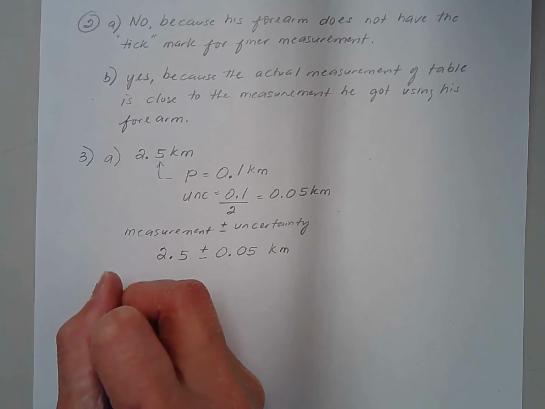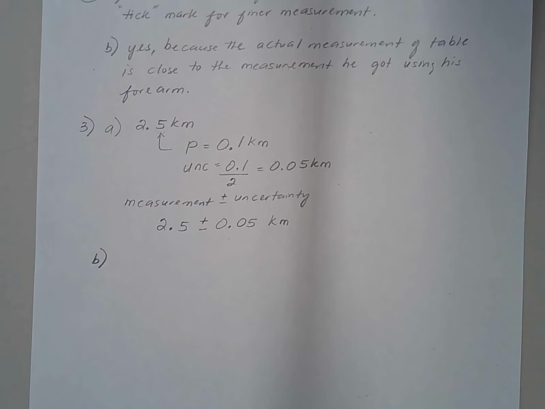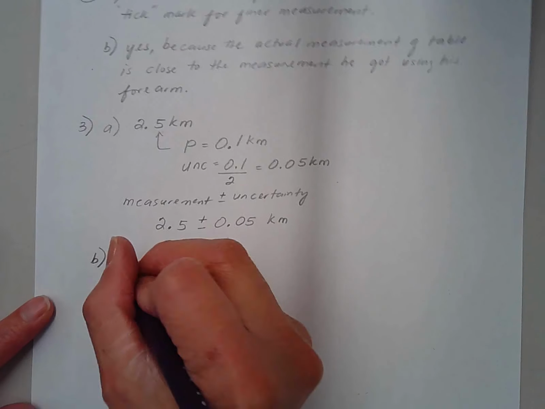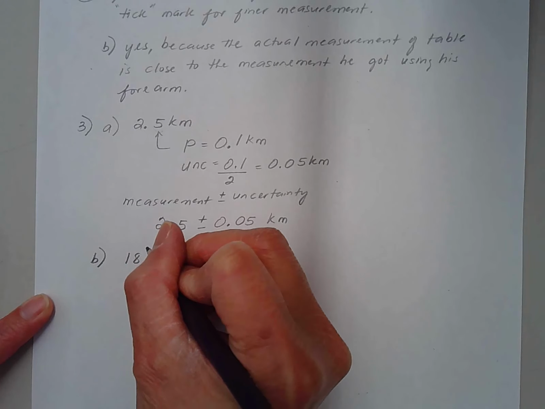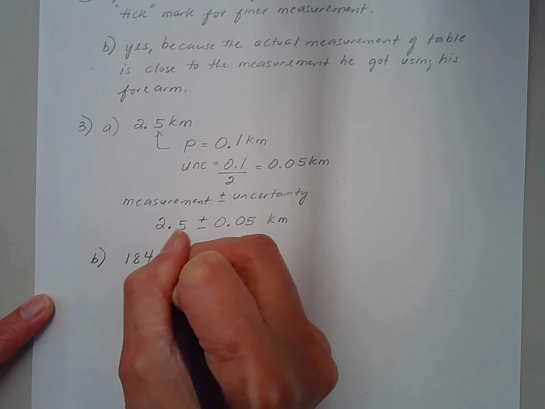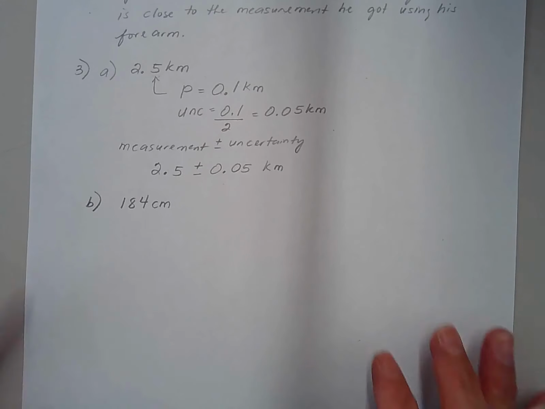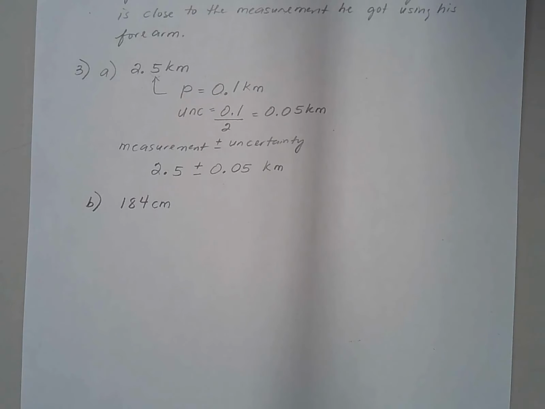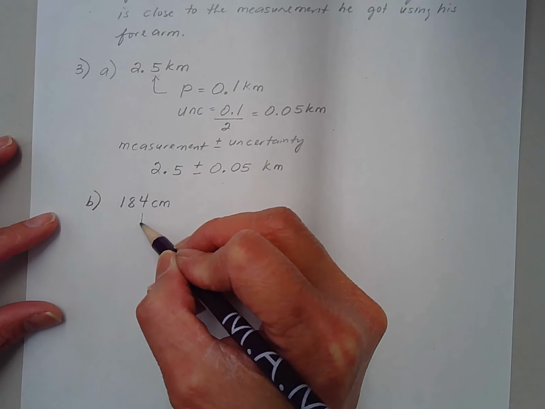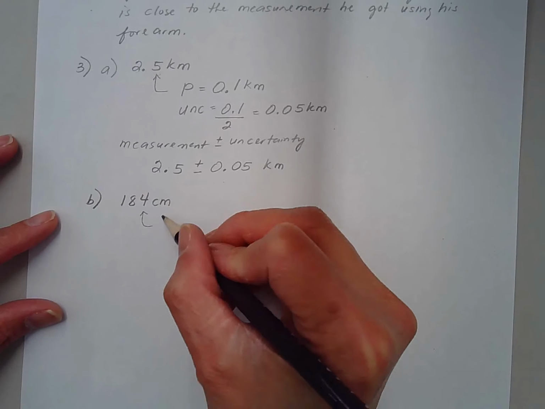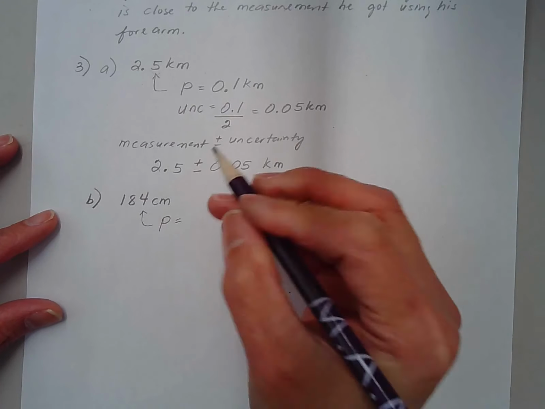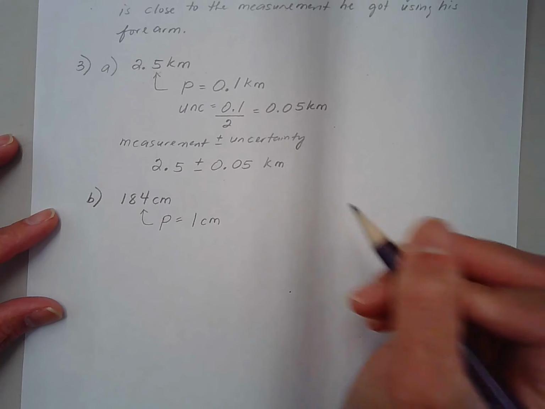Letter B, 184 centimeters. The finest measurement is the smallest unit that we could get, 1, right? The precision is 1 centimeter.